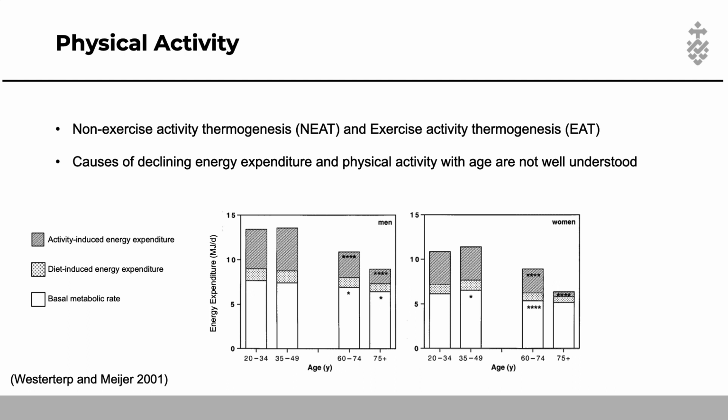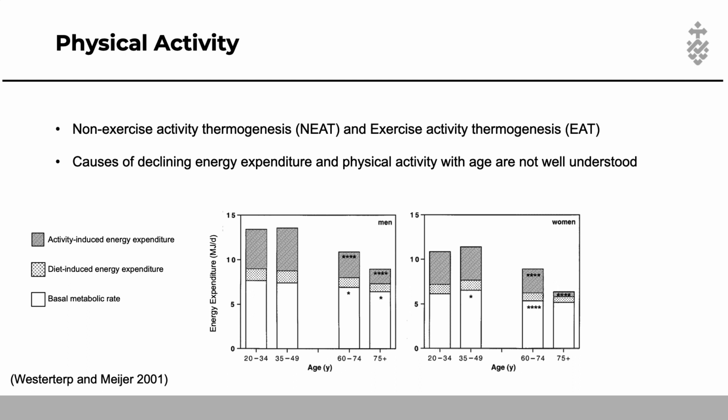Now, the decline in activity-induced energy expenditure that we see with age is not well understood, but it's likely due to lifestyle factors. So as we age, we're just more likely to sit around. Perhaps we have more joint pain, so we move less often, and this results in a decline in the activity that we do during the day.